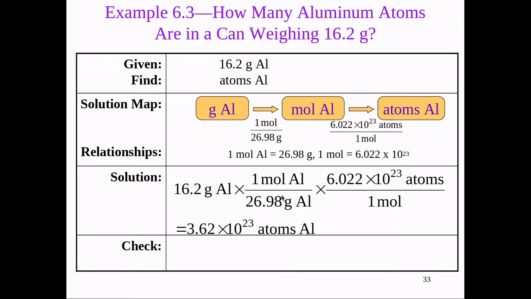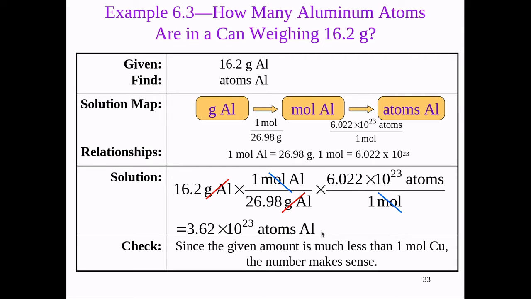We multiply by 1 mole of aluminum for every 26.98 grams of aluminum, canceling our grams of aluminum. And then we multiply by 6.022 times 10 to the 23rd atoms for every 1 mole. That will cancel our moles. What we're left with is our atoms of aluminum, which is 3.62 times 10 to the 23rd atoms of aluminum.